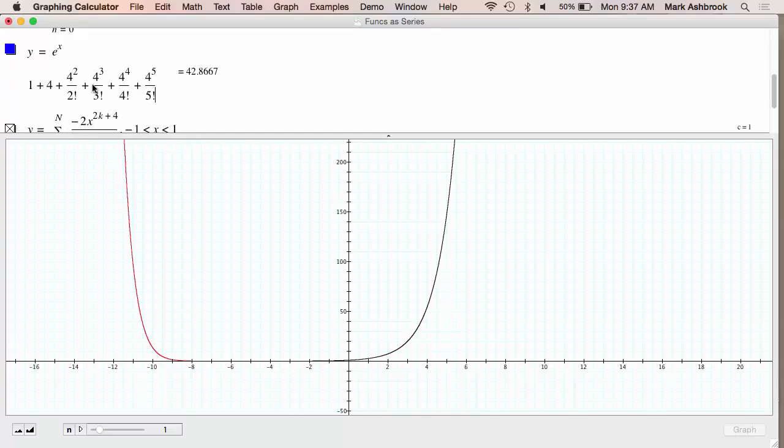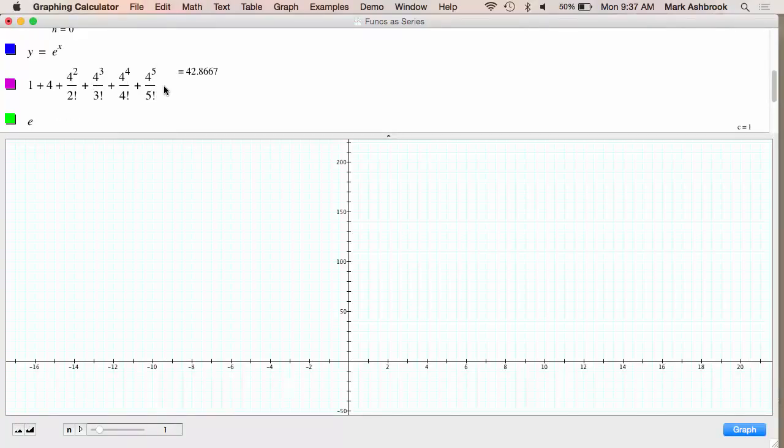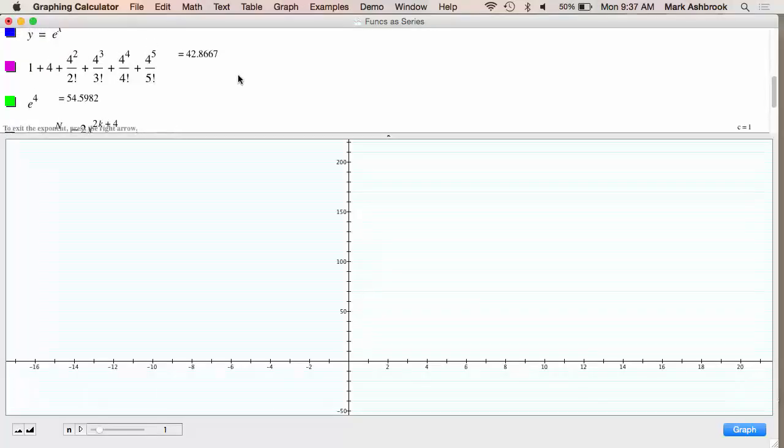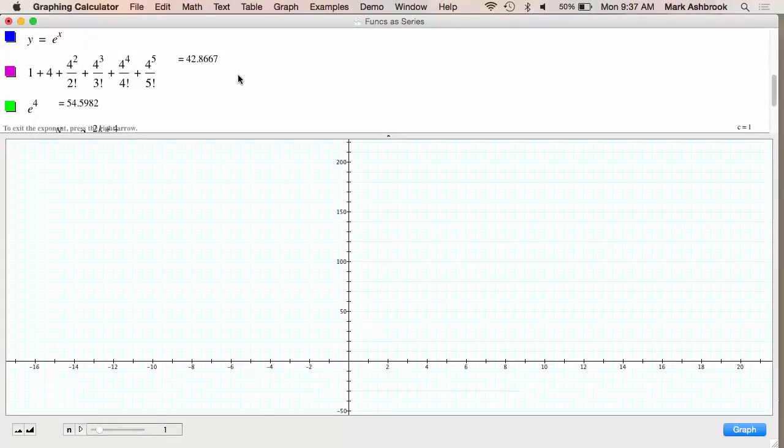If I take 6 terms, I get 42.8667, and let's see what exactly e to the 4th is. So not close: 42.8 versus 54.6. But with every additional term that I add on, it's going to get closer and closer, and if I were to add all infinitely many terms together, I would get exactly e to the 4th, 54.5982, and so on.